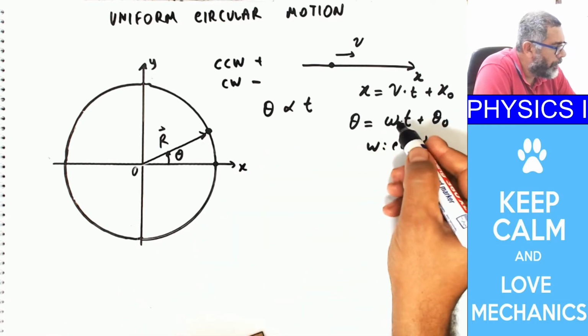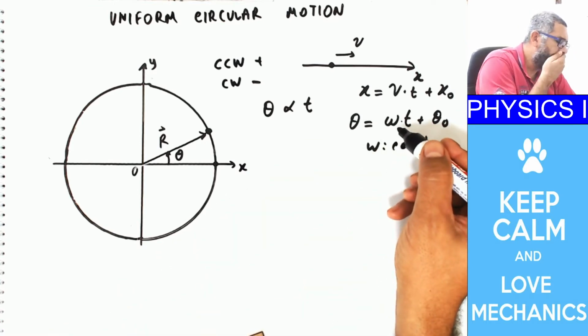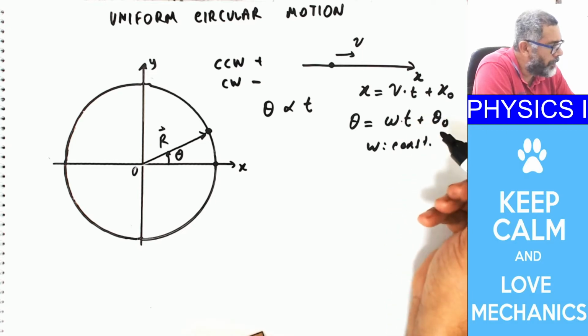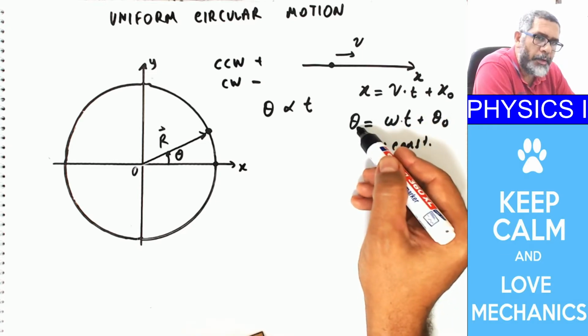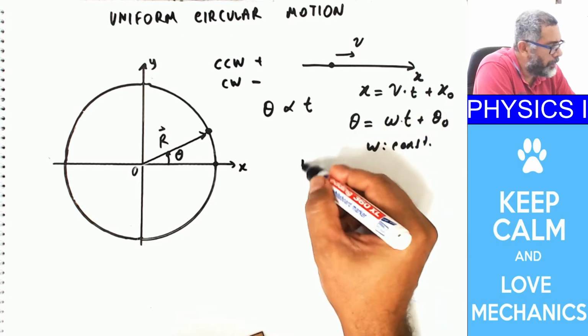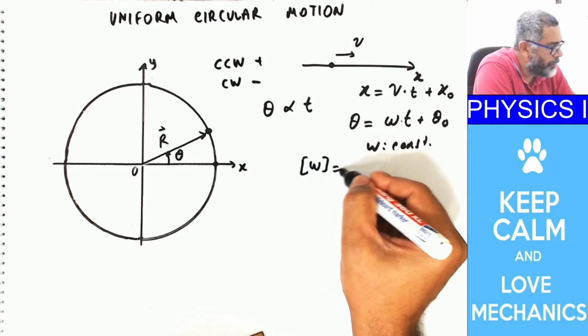We can easily figure out the unit for this omega. Since angle has no unit, the unit for omega is just 1 over seconds.